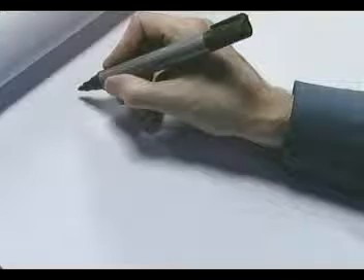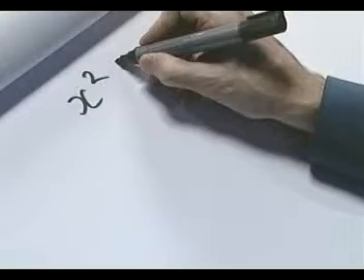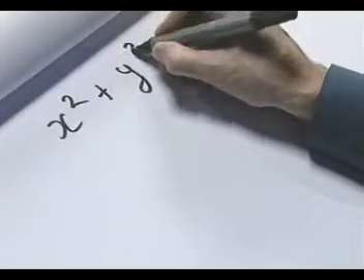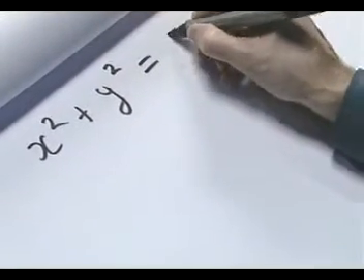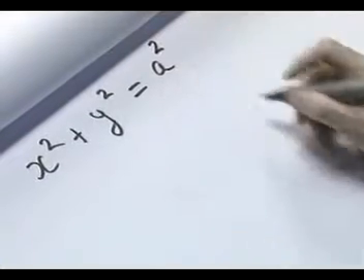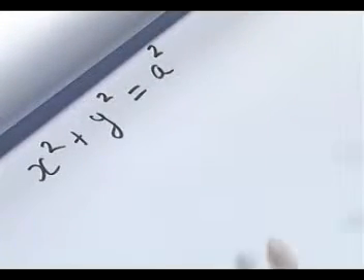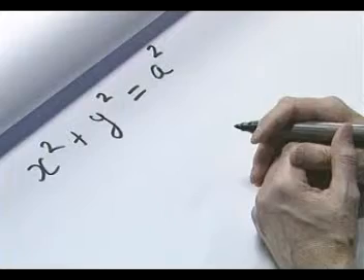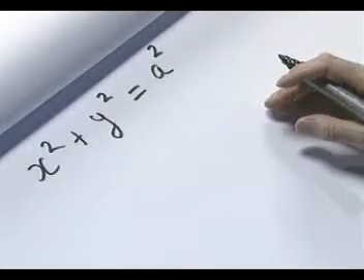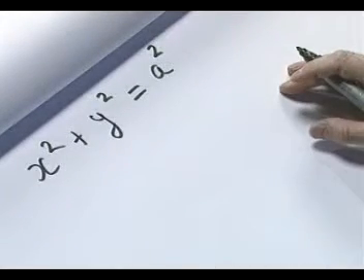Having looked at what happens with points, let's see if we can now have a look at what happens to a collection of points. In other words, a curve. Let's take a very simple curve in Cartesians: x squared plus y squared equals a squared. Now, this is a circle centered on the origin of radius a.